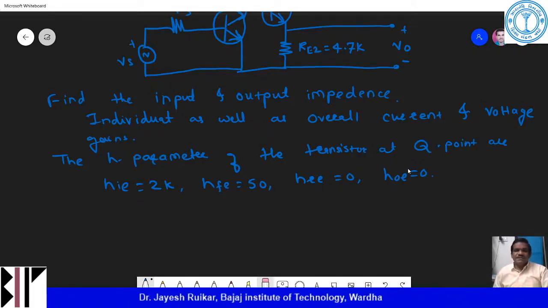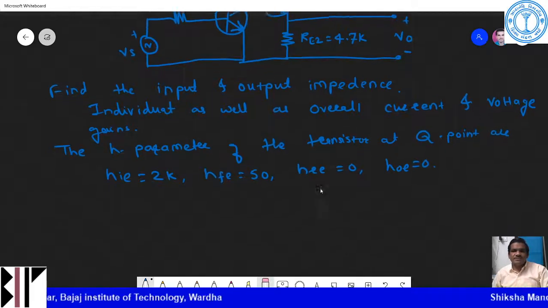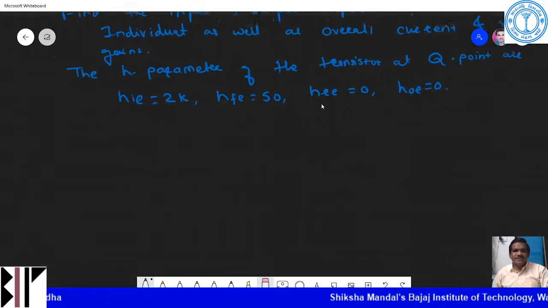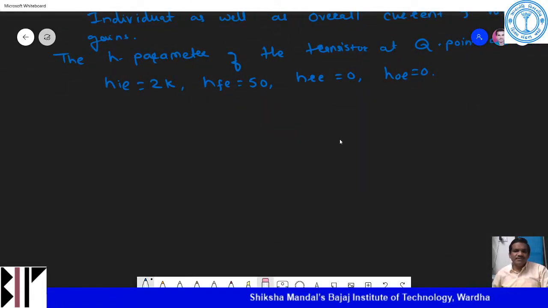So in order to solve this, we need to convert this two-stage amplifier circuit into an AC equivalent circuit. So I will draw the AC equivalent circuit.